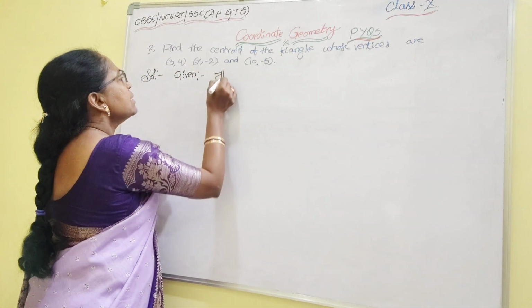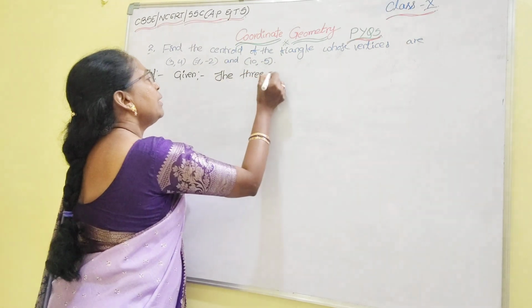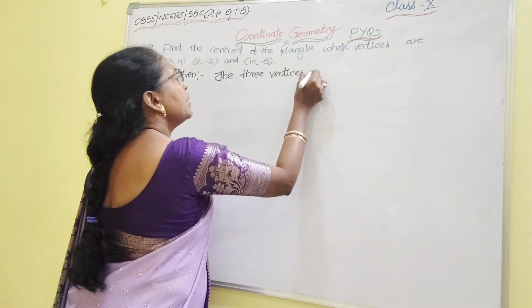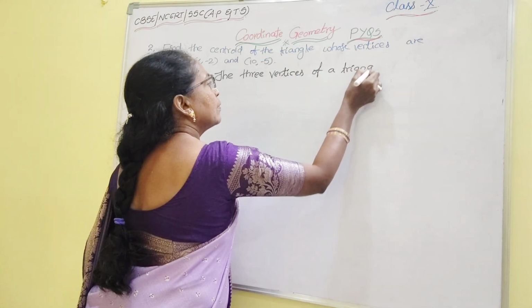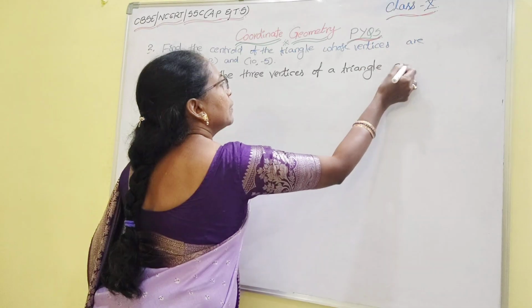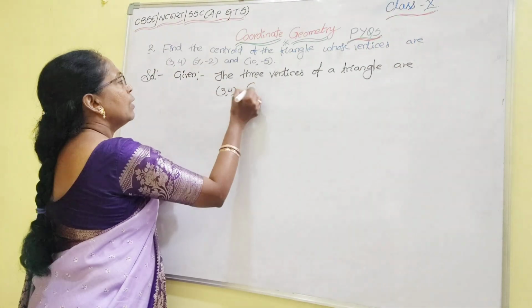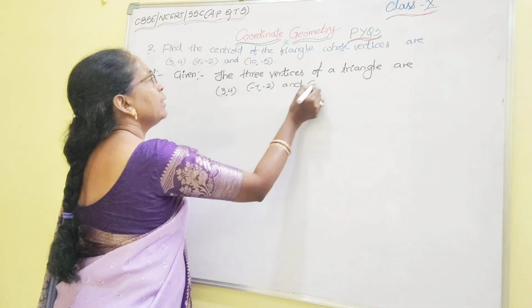The 3 vertices of a triangle are 3, 4, minus 7, minus 2 and 10, minus 5.